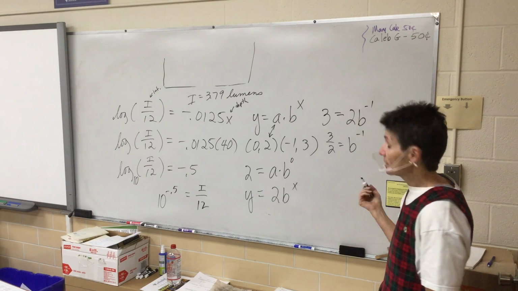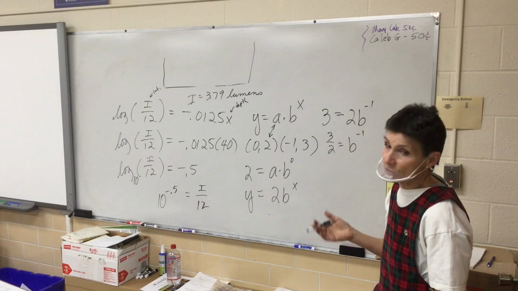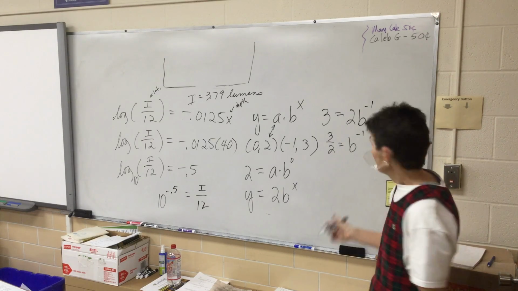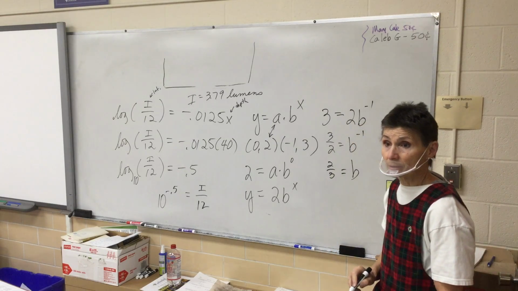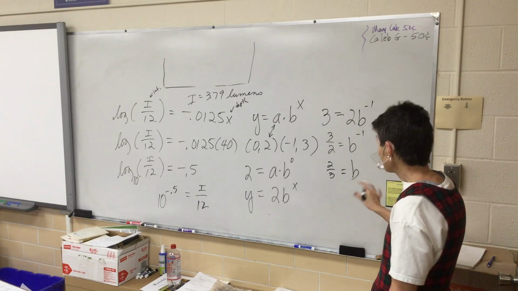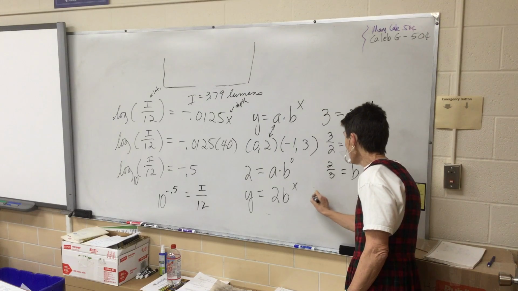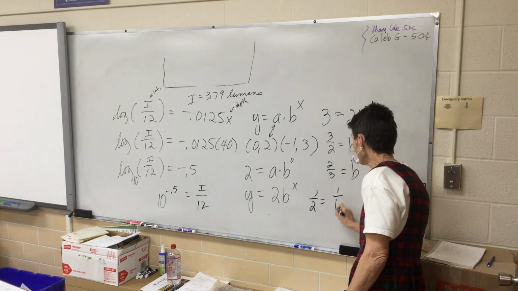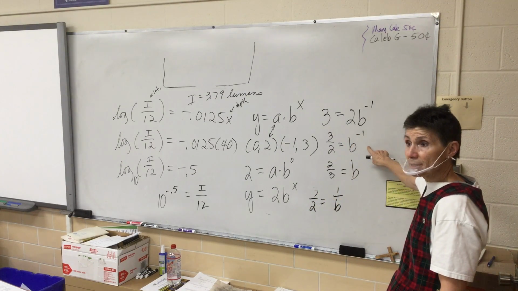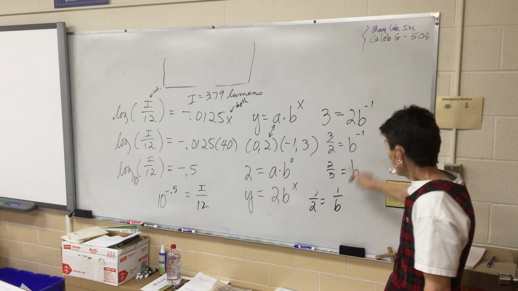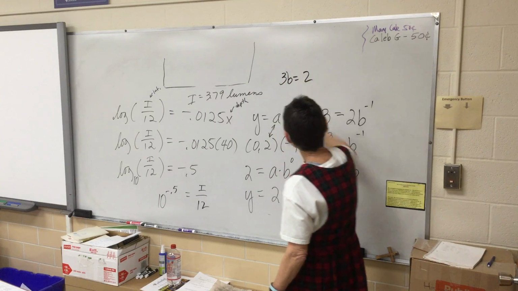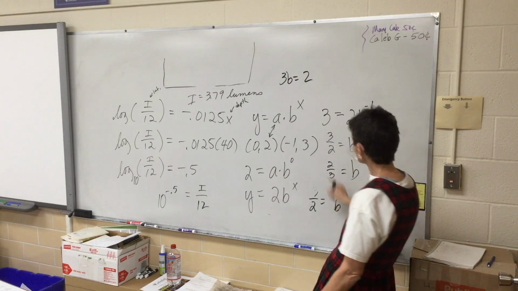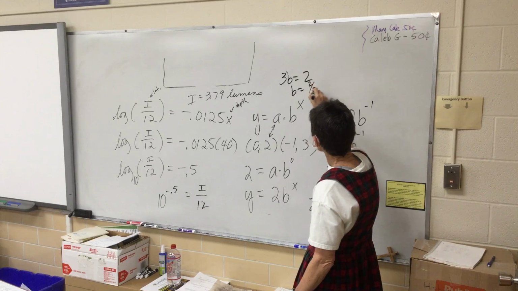You can either look at that and say, well, if 3 halves is b to the negative first, then b must be 2/3. But if that doesn't make sense to you, 3 halves equals 1 over b. Cross multiply, so 3b equals 2, and b equals 2/3.